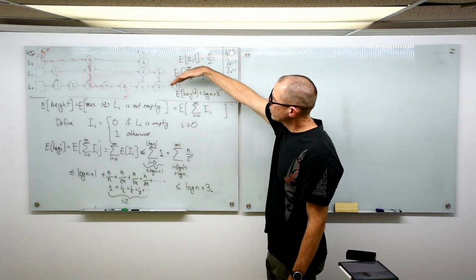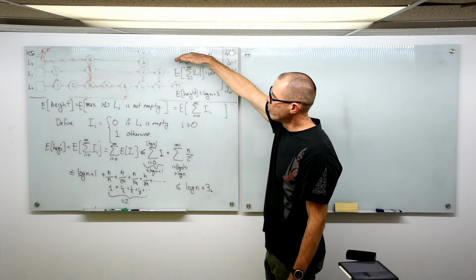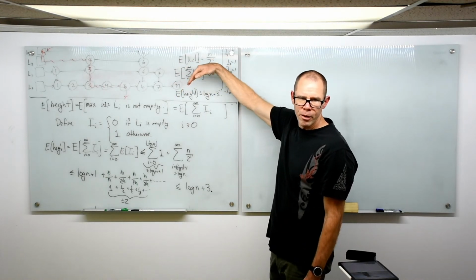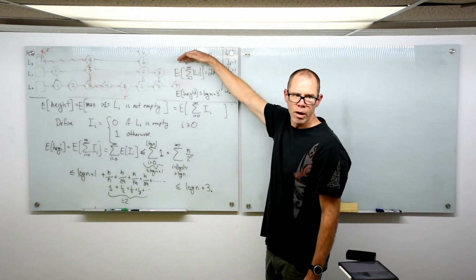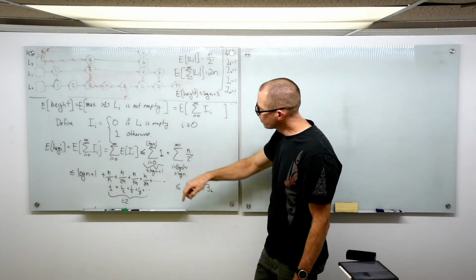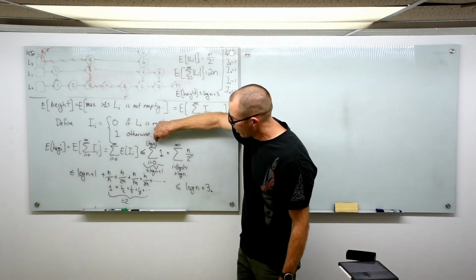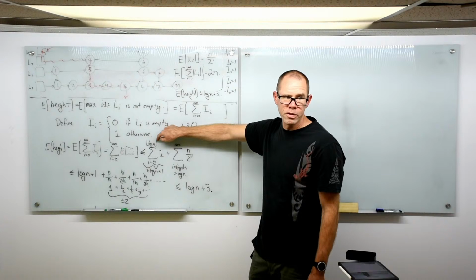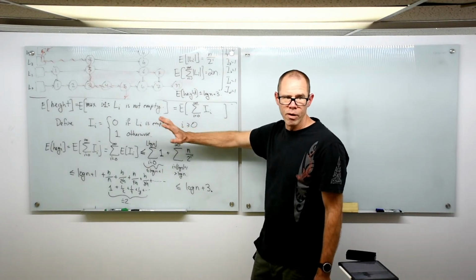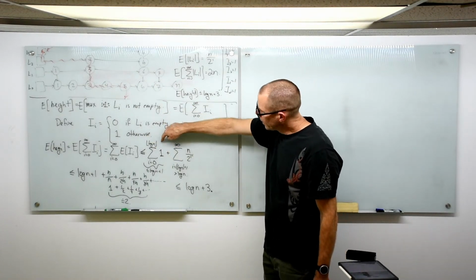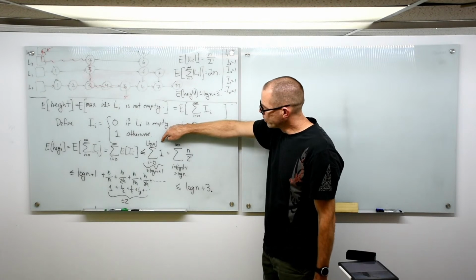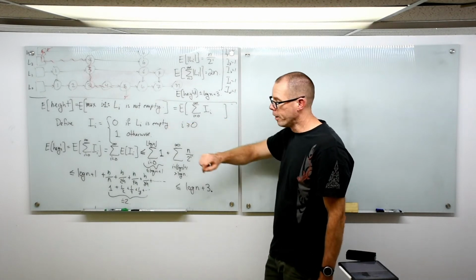And for the first log n levels, there's probably something in every one of those log n lists. That's what this first part of the sum is. So we might as well just give up and say, yeah, that thing is probably there. We'll just count it as being there, even if it's not.